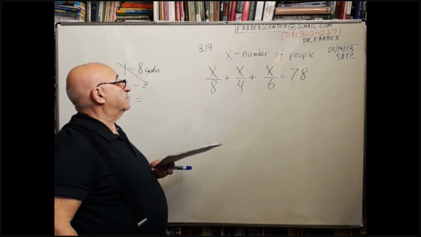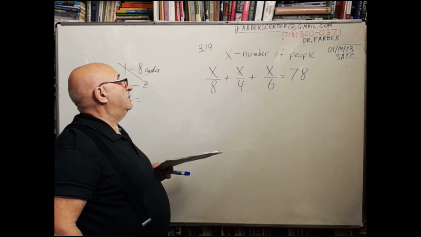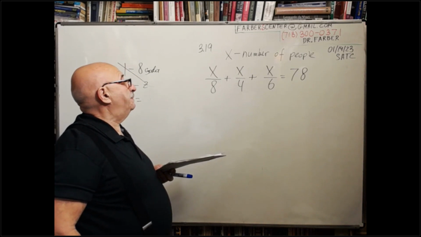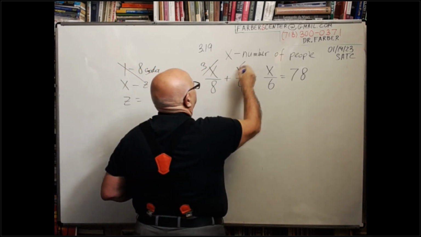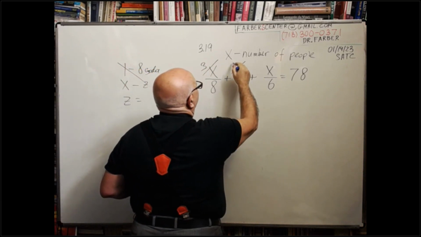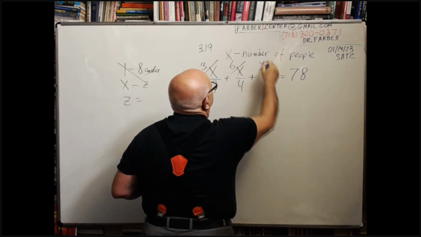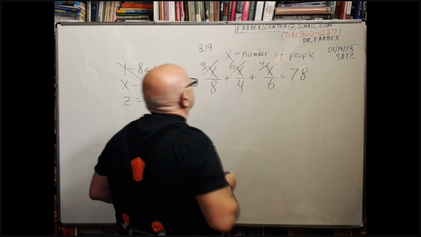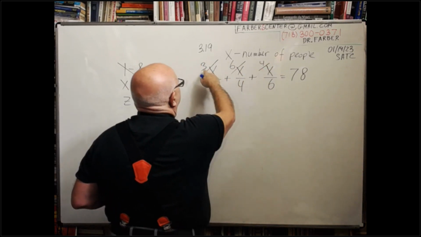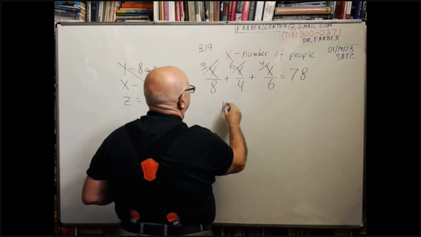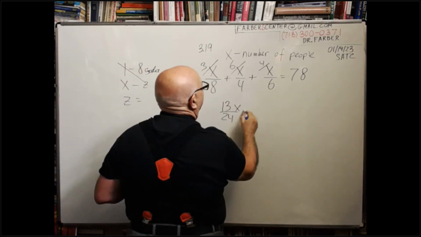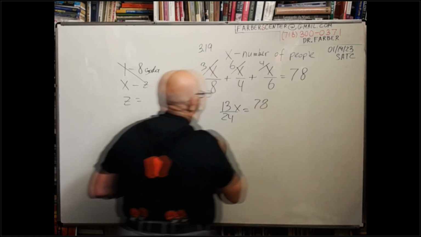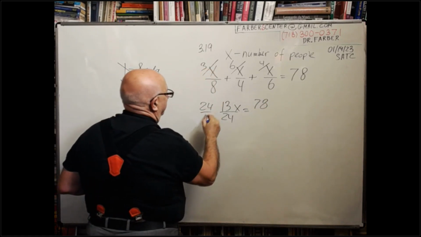How to find X? The LCD is 24. This is 3, 6, and 4. And it would be 10 plus 3, 13x over 24 equals 78. Multiply both parts by 24 over 13.